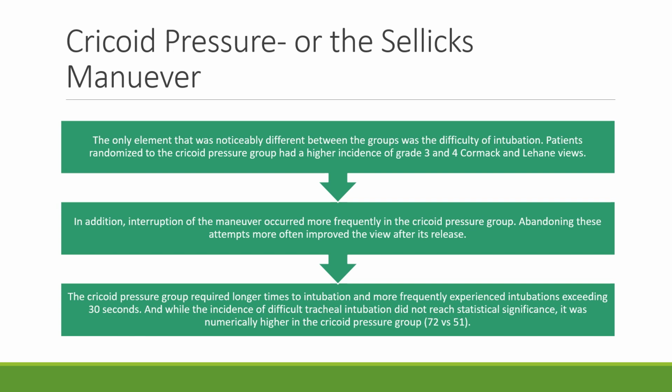However, it has a lot of side effects and a lot of issues, and it's not very consistent. It's not always there. Backwards, up, and right is a little bit better. Typically, it required longer times to intubate and more frequent intubations exceeding 30 seconds, and they had more issues than the patients that they didn't use it on. So there's quite a few studies that show it doesn't work.